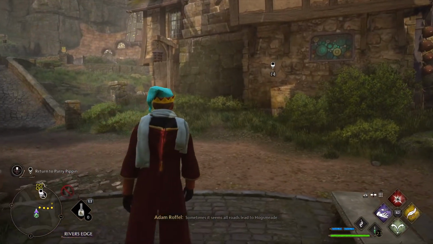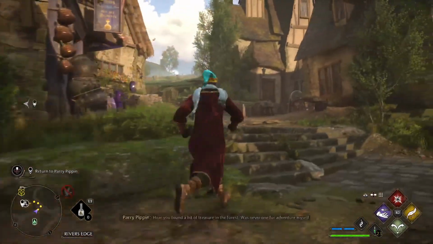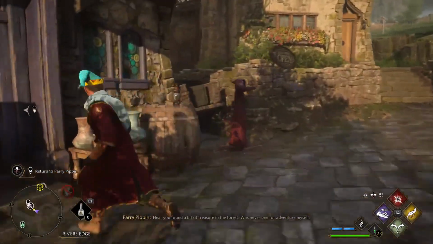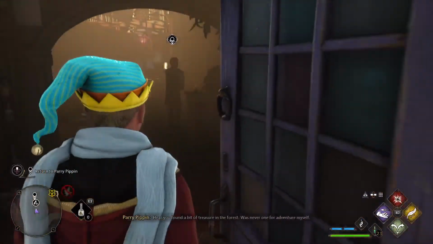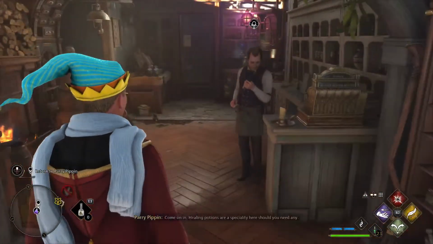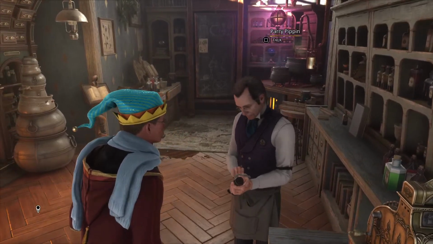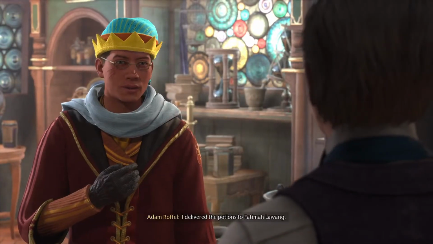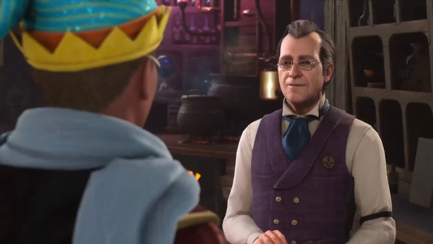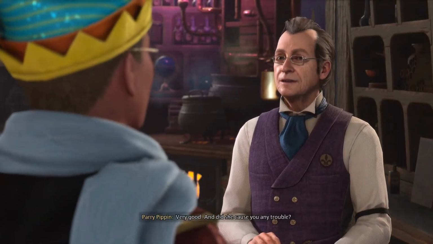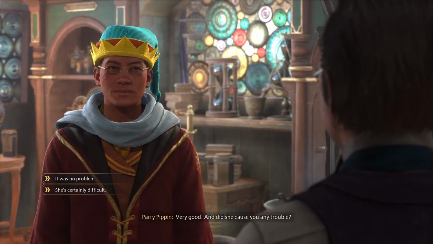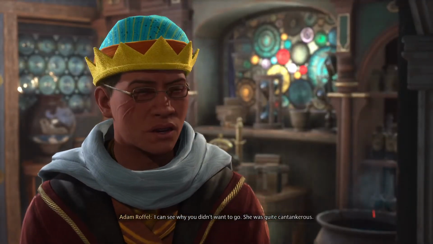Sometimes it seems all roads lead to Hogsmeade. Adventure myself. Come on in. Healing potions are a speciality here, should you need any. I delivered the potions to Fatima Lawang. Very good. And did she cause you any trouble? I can see why you didn't want to go.